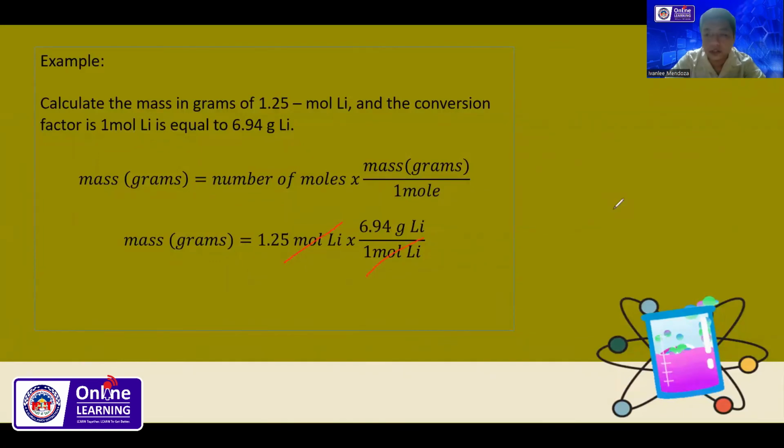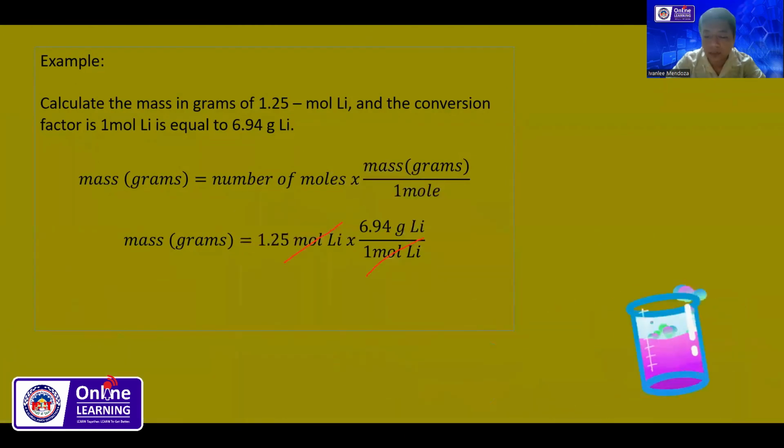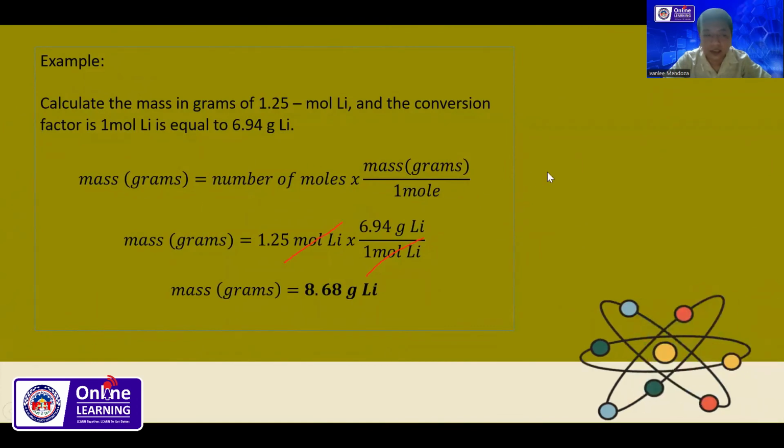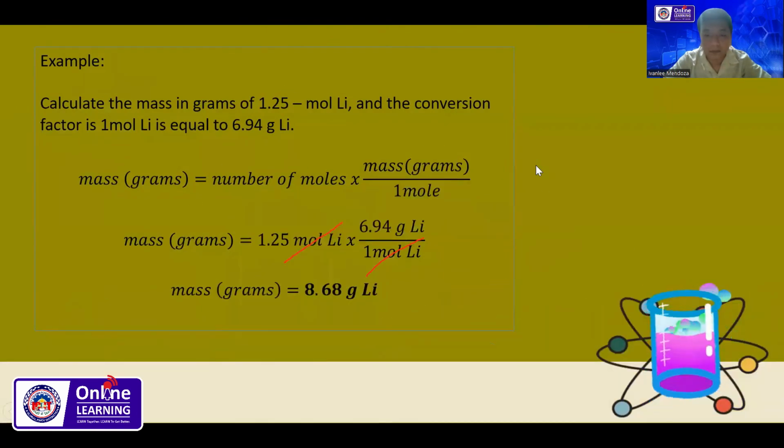After you cancel out mole lithium, simply multiply 1.25 times 6.94 gram lithium. Then after you multiply that, you will come up with the answer. The answer for this problem is 8.68 gram lithium.